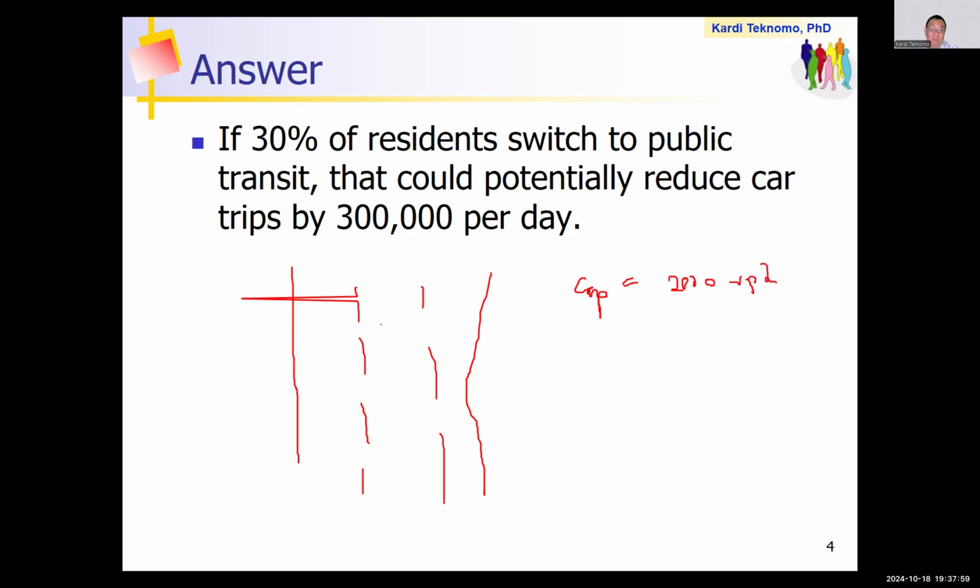So if you have 3 lanes like this, you multiply by 3, you have 6,000 per hour. Usually one day is about 10 times the peak hour. So in that case, you can accommodate like 60,000 by the 3 lanes.